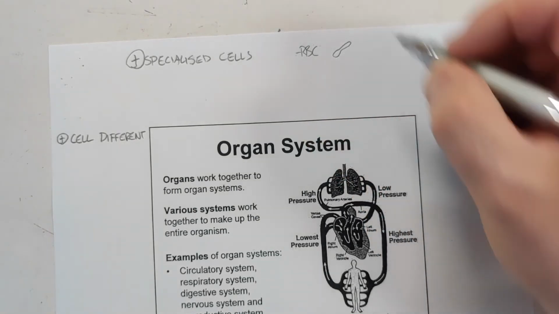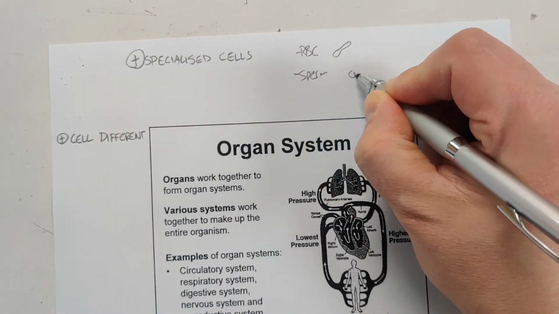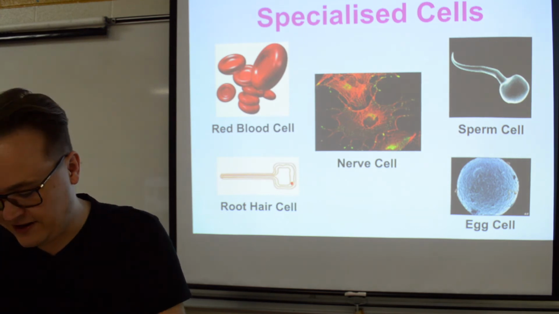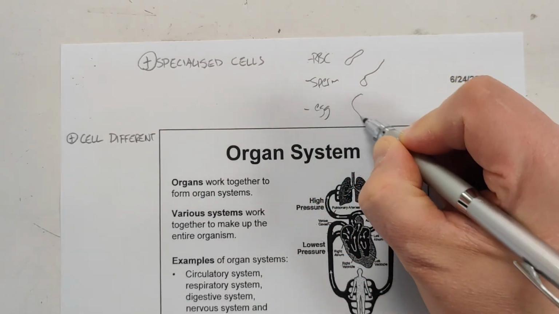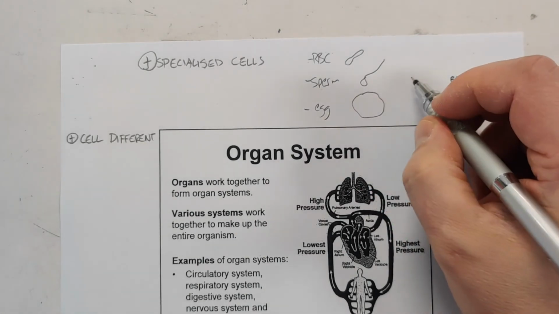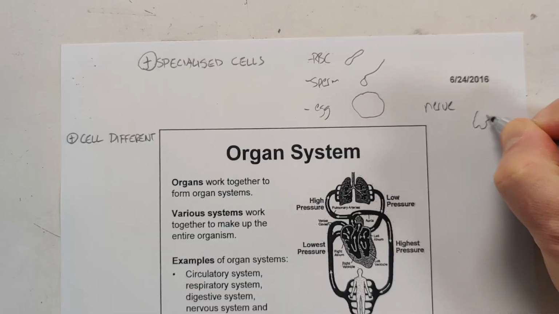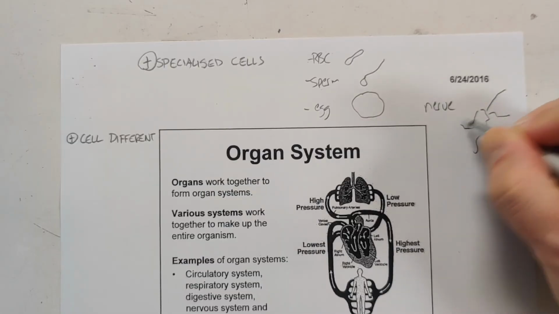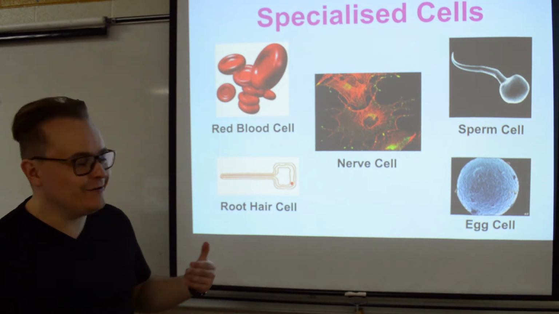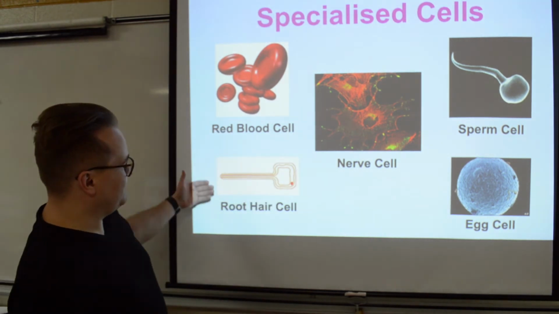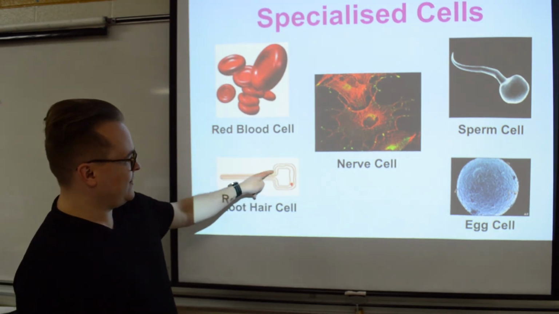You could say sperm cell, an egg is round, a nerve has a central body with all these branches. You could do stuff like that if you like, or you could just look at this slide and write down red blood cell, hair cell, a root hair. Look at that, root, it sticks in your head as the hair sticks out.